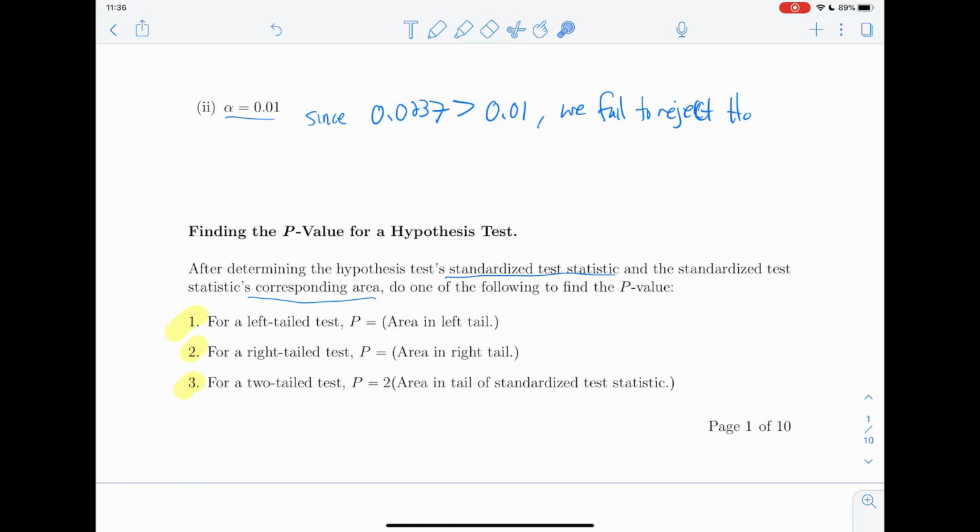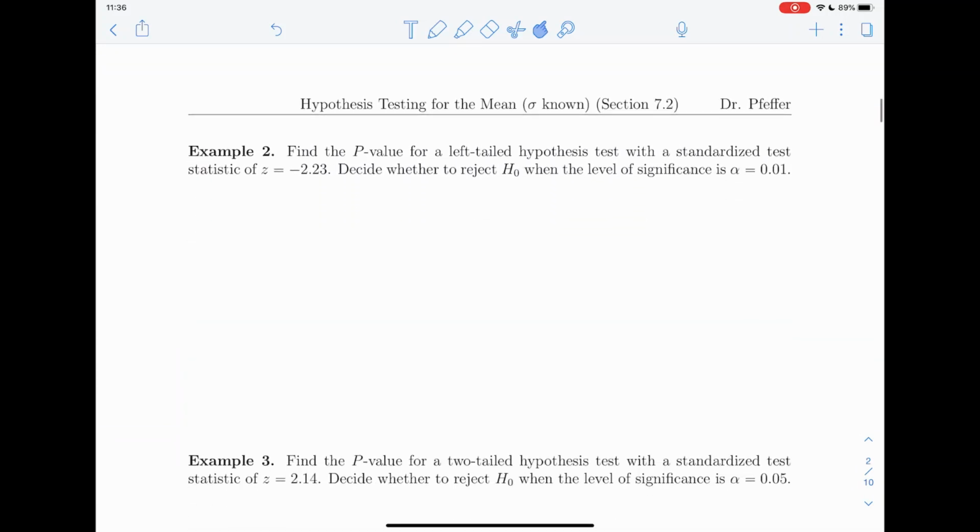So let's take a look at an example of what we mean by utilizing these tails to find p-values. Here we want to find a p-value where we have as an assumption that we're working with a left-tailed hypothesis test, and we've already converted to a standardized test statistic, in this case a z-score of negative 2.23. Since it is a left-tailed hypothesis test, I know that I'm going to draw a picture of a normal curve where z is 0, and z equals negative 2.23 is over here.